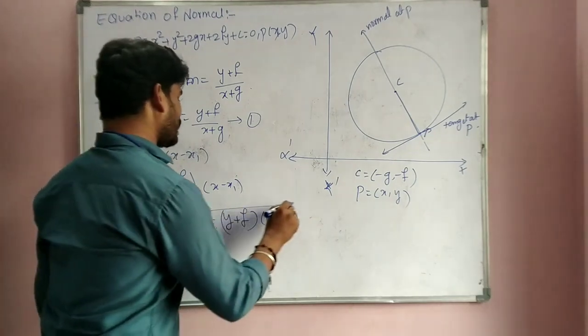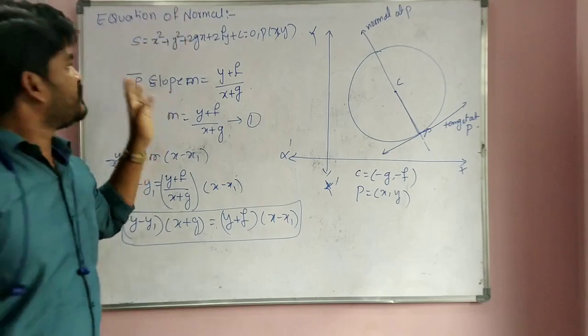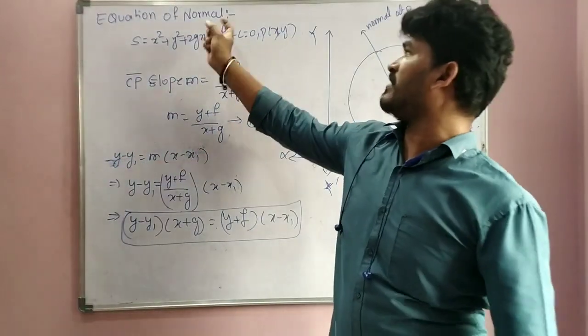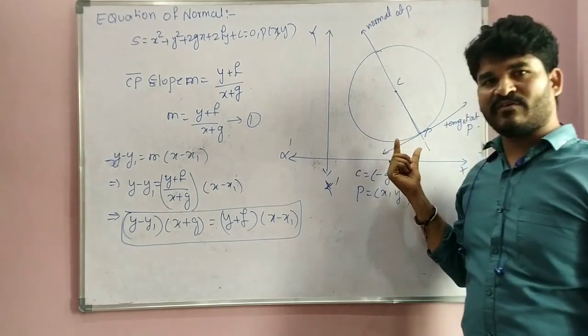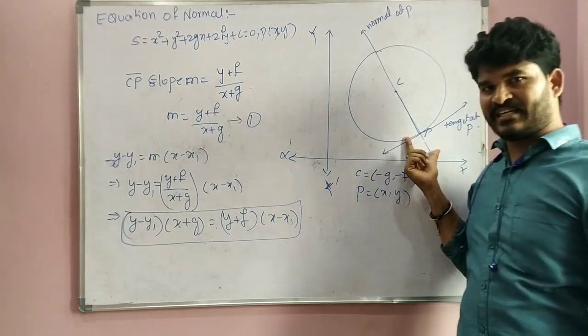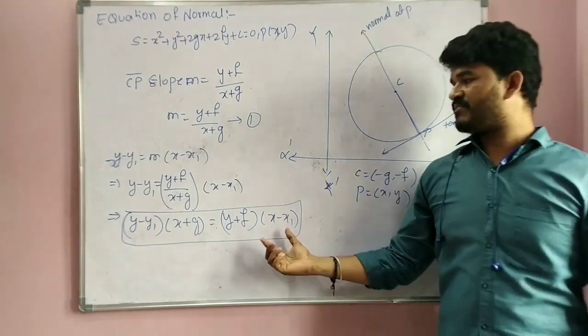This is the equation of the normal. Whenever P, x comma y, is the point of contact of the circle's tangent at P, the same way this is the equation of the normal at P.